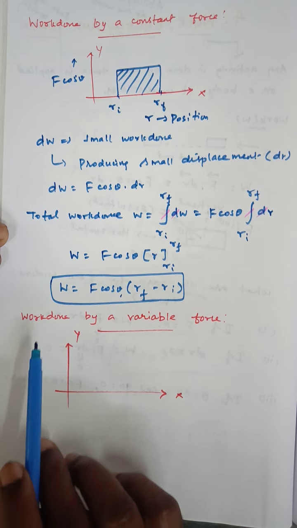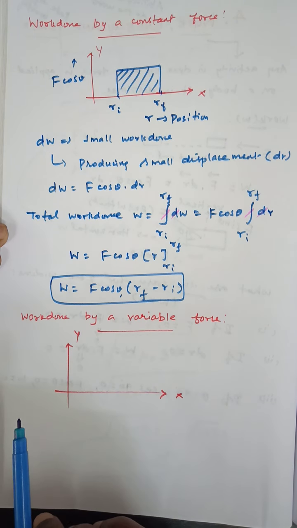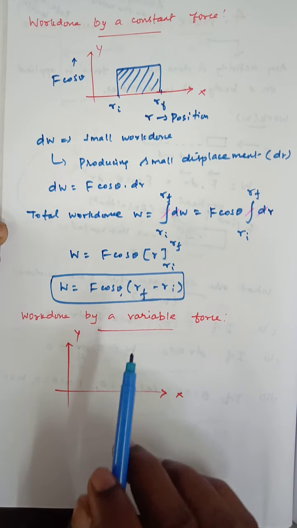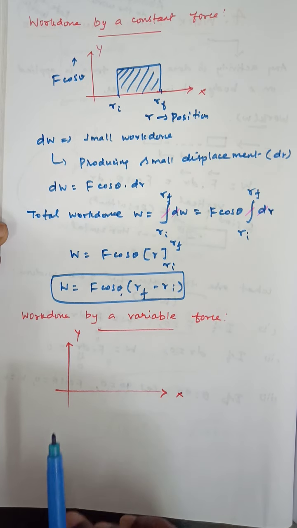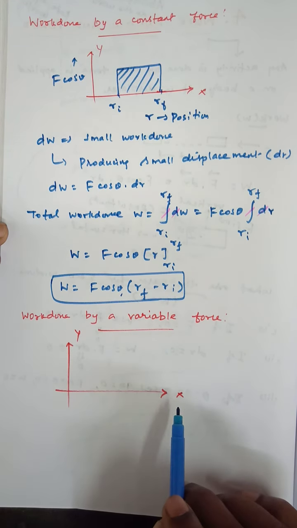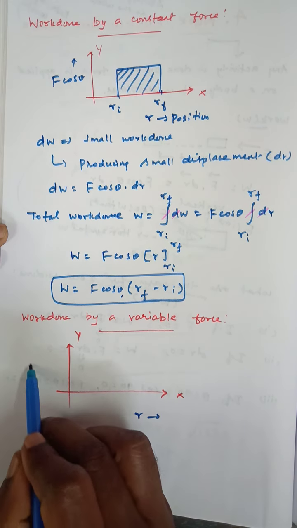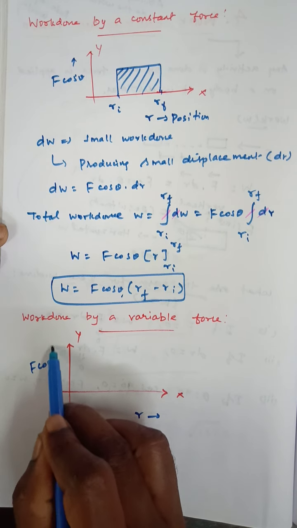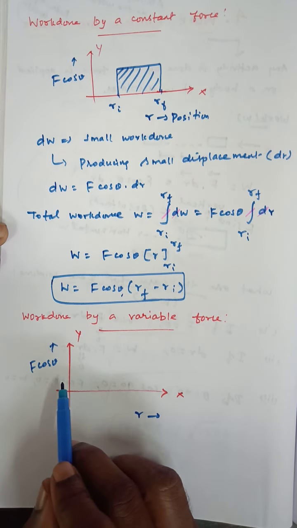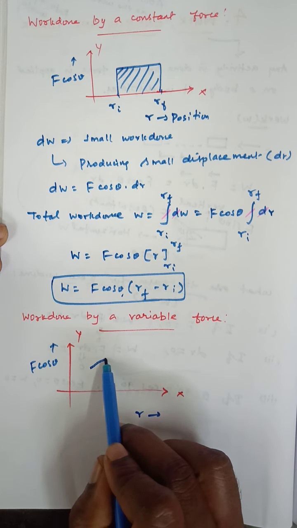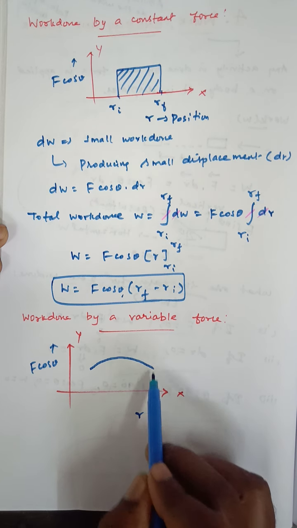Next is the work done by a variable force. Here the force is variable, meaning it is not constant; it changes at every time. So r is in the x-axis and F cos theta in the y-axis. Here F is not the same; F changes, first increasing, then gradually decreasing, like this.